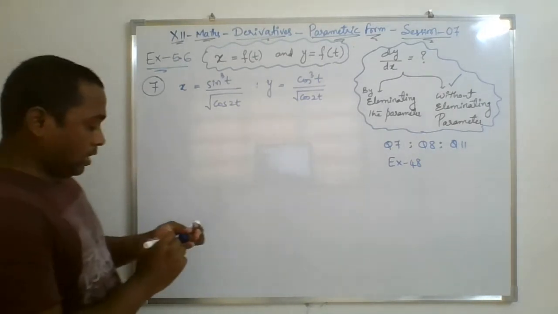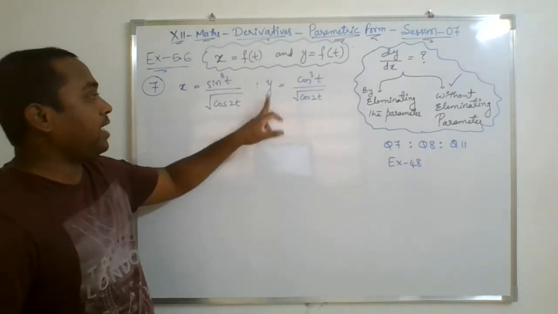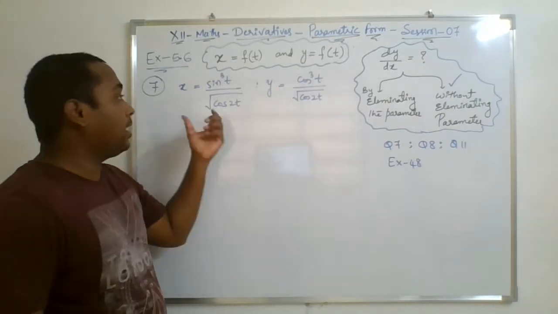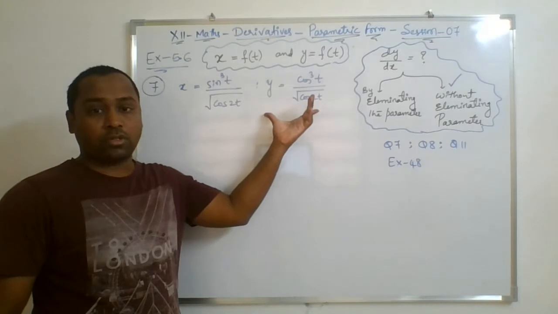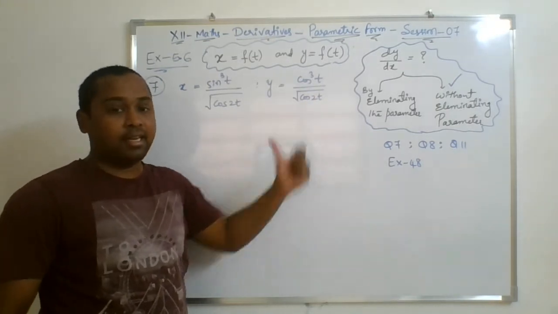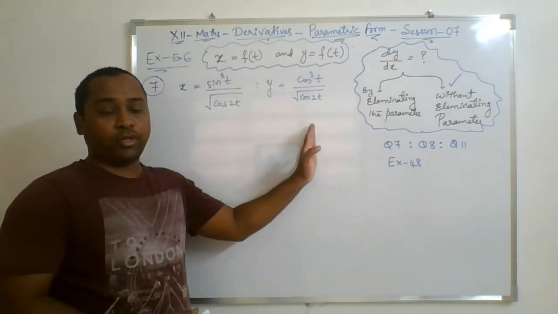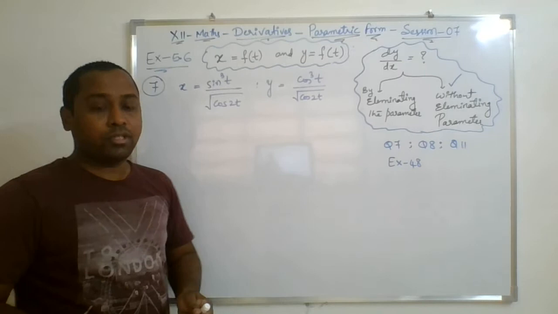Now, if we observe, x is a function of t and y is also a function of t, hence this form of equation is called parametric form with the parameter t. Hence, we need to do the derivative of both the equations with respect to t.